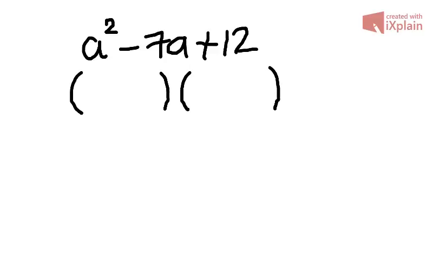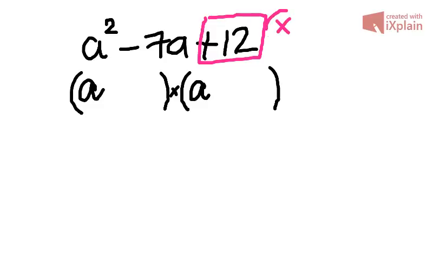So what we know is going to satisfy the top expression is starting with a in both brackets, because what we are doing here is multiplying. So a times a is a squared, that's satisfied. Then we are going to look at the independent term, including the sign, which in this case is 12, and we're going to try and find numbers that multiply to 12.